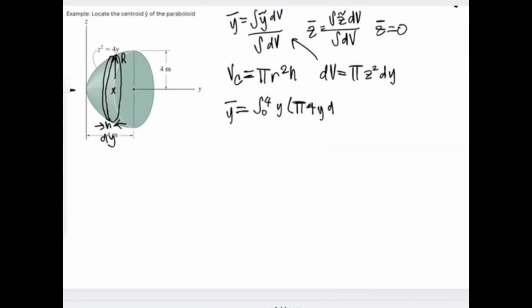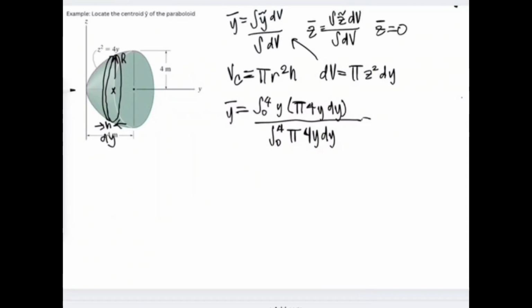So that's dy. Ayan, tapos dito same ulit, lower limit 0 to 4, tapos dv pi yung z squared 4y dy.